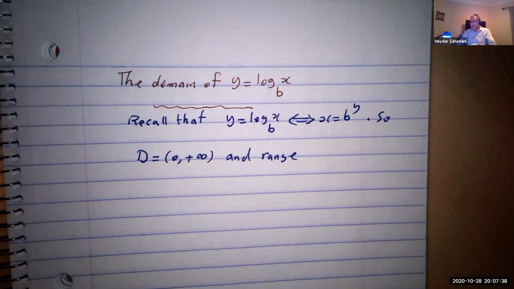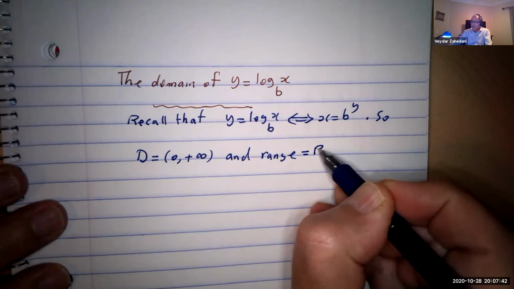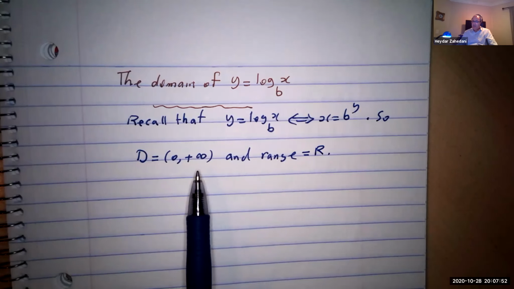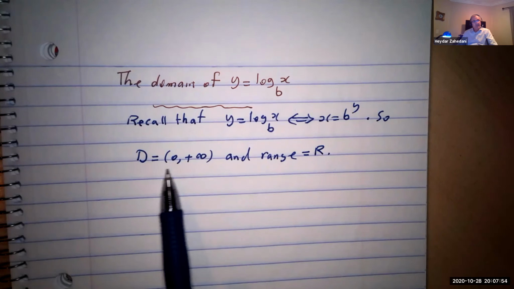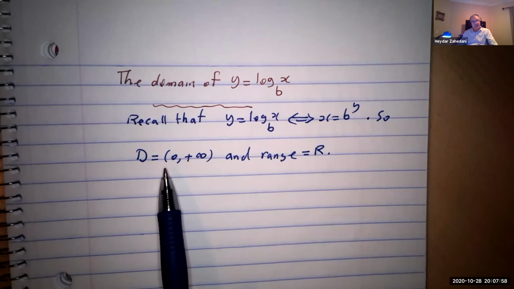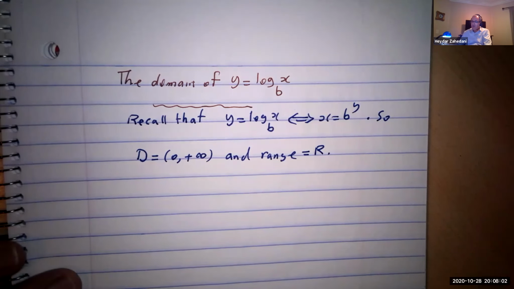So that's why the range of this function is R. This means any real number, if you think about any real number, that number is ln of something. But this part is the most important part, the domain: positive numbers only. It cannot be negative or zero. We give you one question on this one.